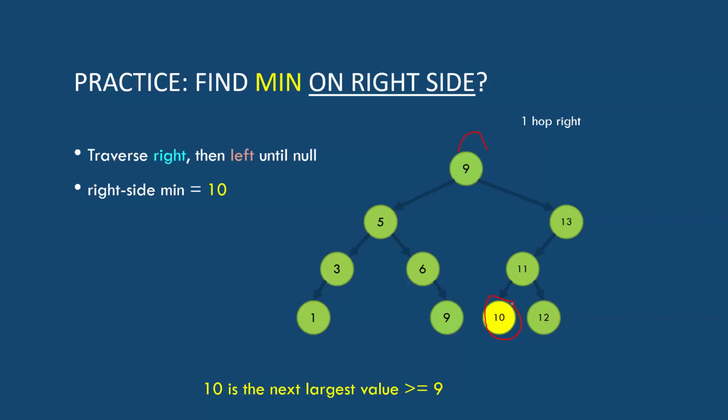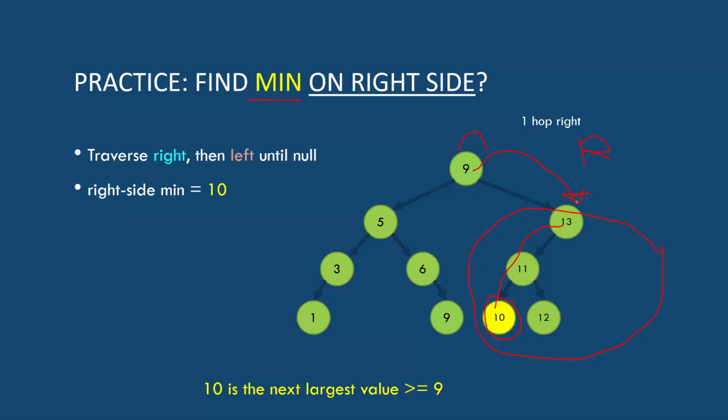So I do a one hop right, like a dance, and then what we were just doing, find minimum. I can literally use my previous function to find the minimum on this tree. So the answer to the minimum on the right side is just to find the minimum on the right child, and we're done. That previous function solves the problem for us pretty easily.